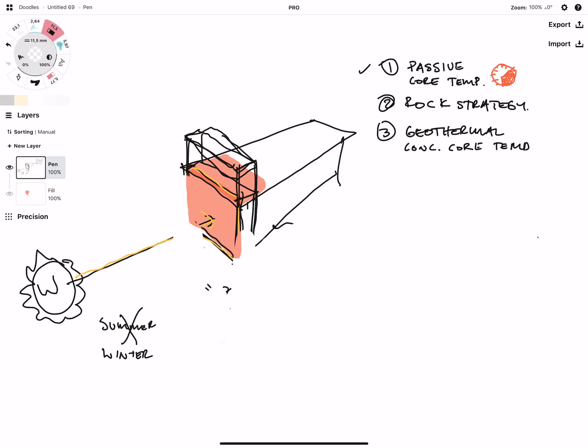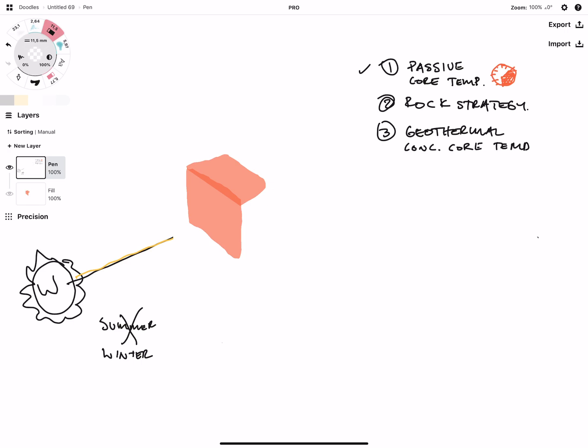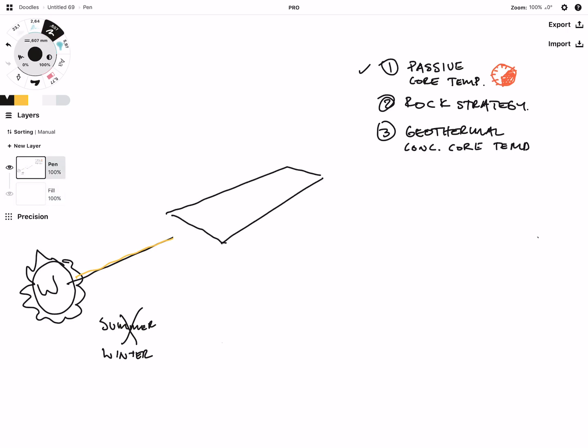Let's delete that. And you've got a slab. That slab has got beams in it.